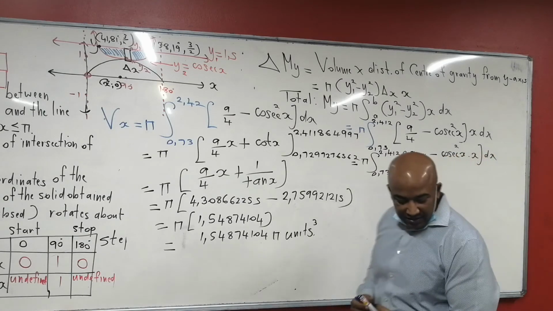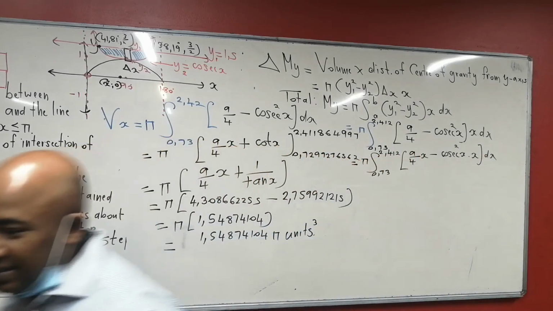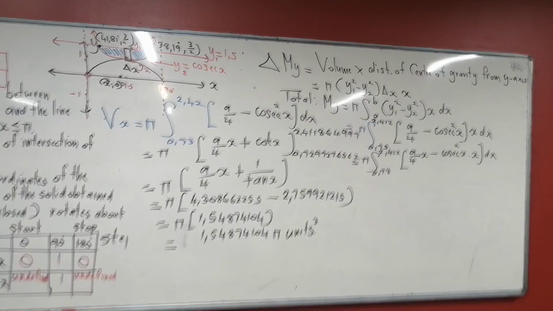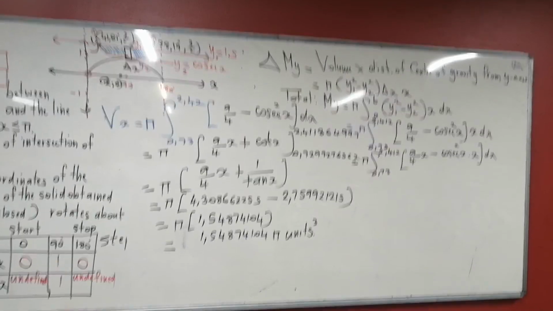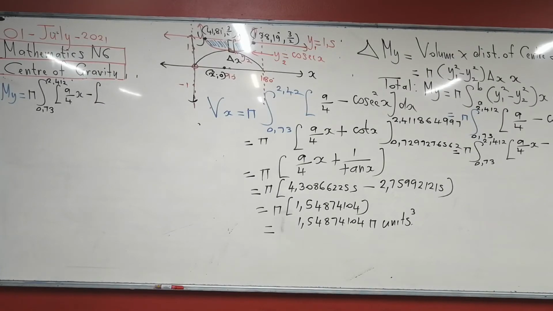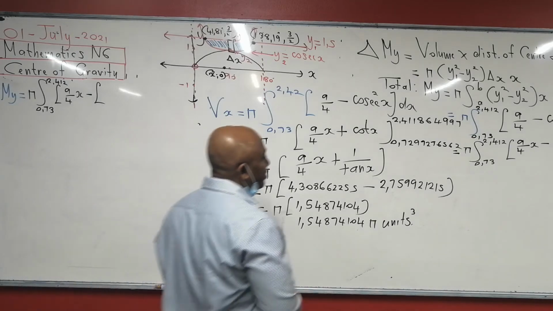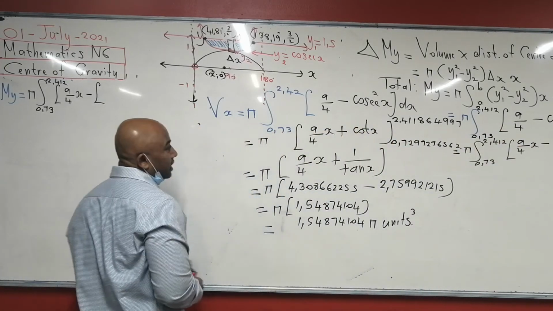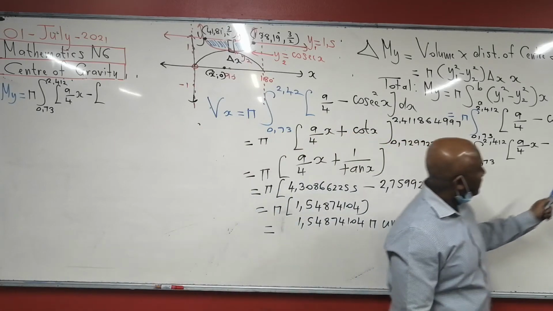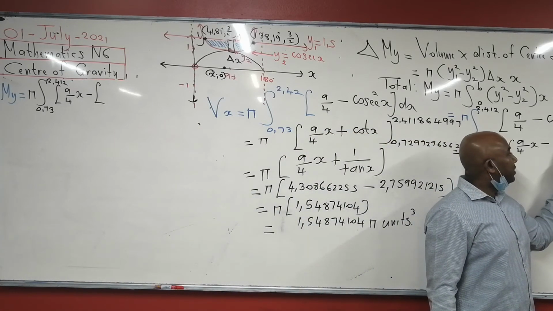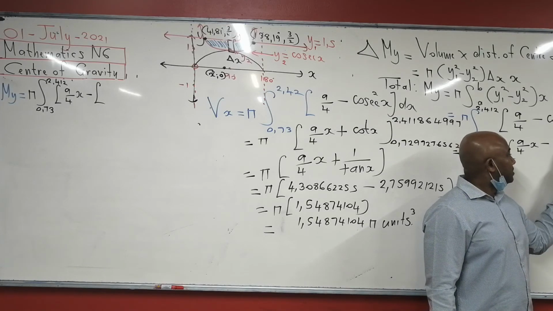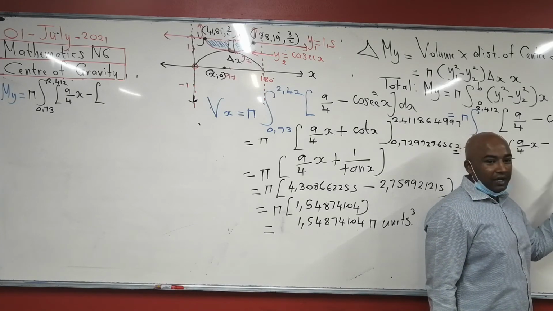Alright, let me just pause for a second. Let's see if you can absorb that integration by parts. Alright, so I'm just transferring the information here, from here to here. So integration by parts. We got x and we got cosec squared. Or you can write it as minus cosec squared.